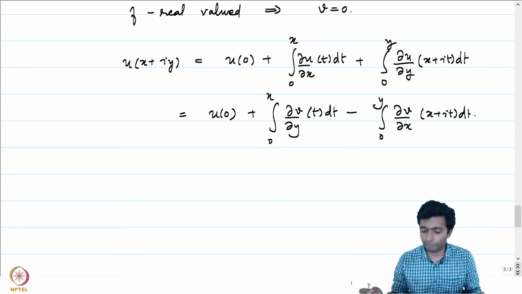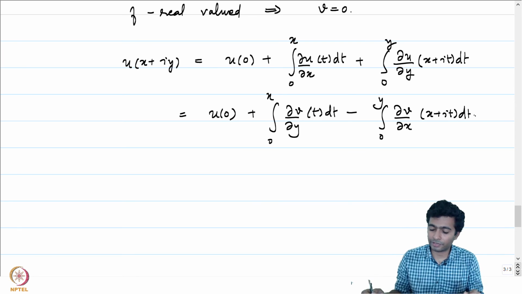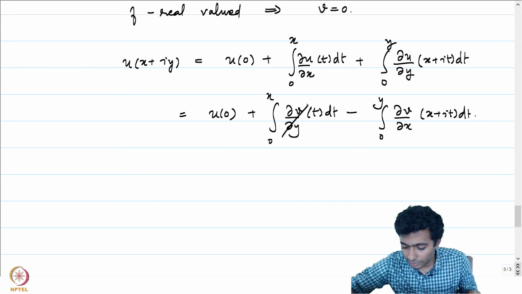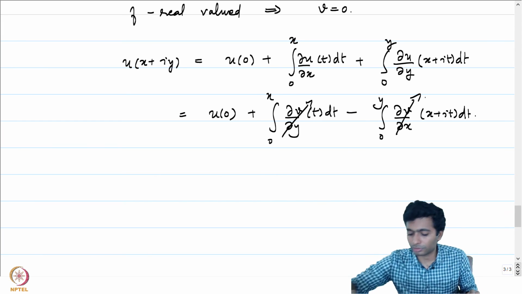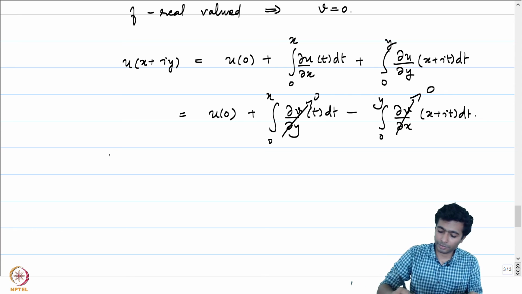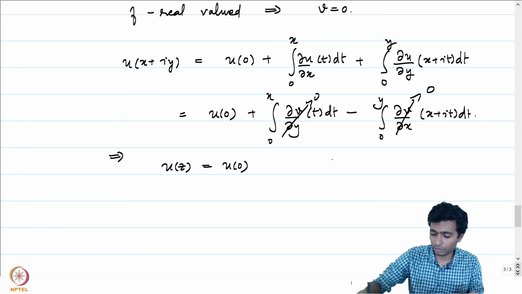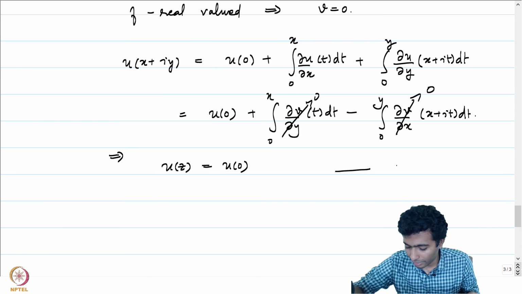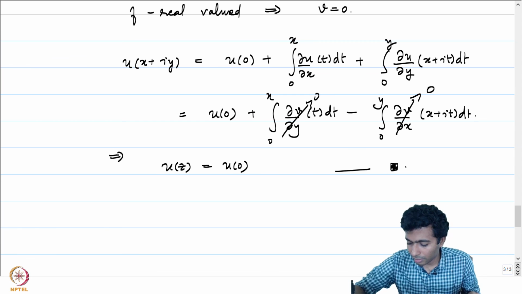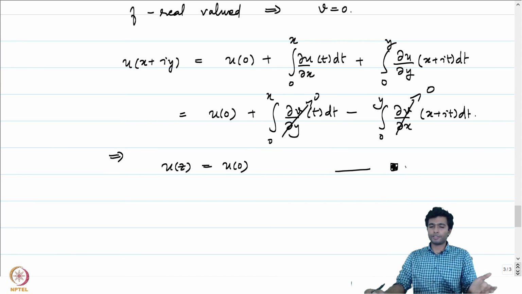But what do we know about v? We know that v is 0 because f is a real valued function. Because v is 0, its partial derivatives are also 0, both are 0. And that means that u of x plus iy, or u of z, is equal to u of 0, which is a constant. That's precisely what we had come to prove, because f is equal to u in this case and u is a constant function.